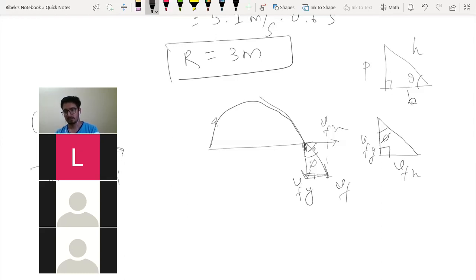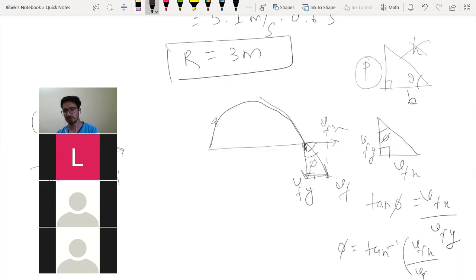But if you want to find the angle, right now you only have the side opposite the angle, and the other side, and you don't have the hypotenuse. So if you use tan phi over here, tan phi will give you vfx over vfy. And if you do the inverse tan, you can find the angle with which the projectile strikes the ground.